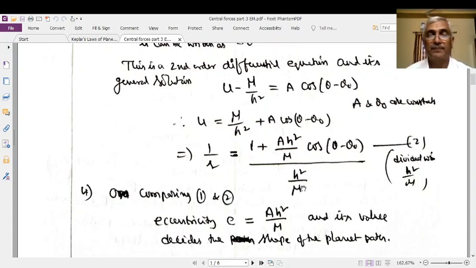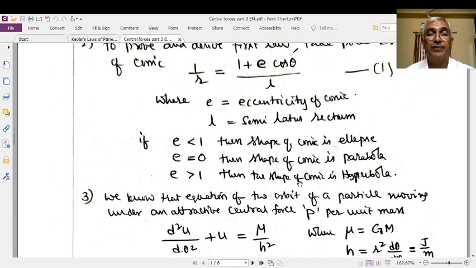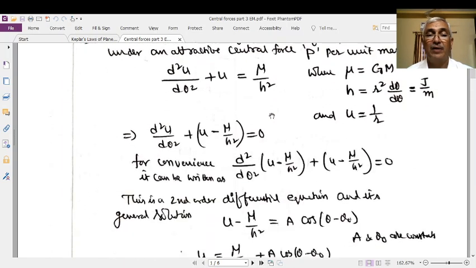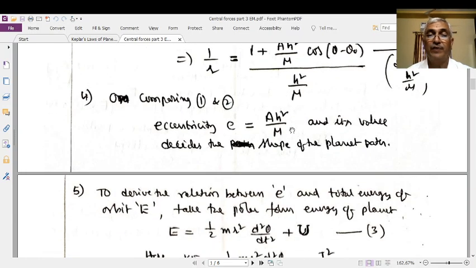Now, if we compare this equation with the equation of a general conic, 1 by r is equal to 1 plus e cos theta over l, in the place of e we have a h square by mu, and in the place of l we have h square by mu. Therefore, the eccentricity of the path of the planetary motion is a h square by mu, and the semi-latus rectum of the path of the planetary motion is h square by mu.